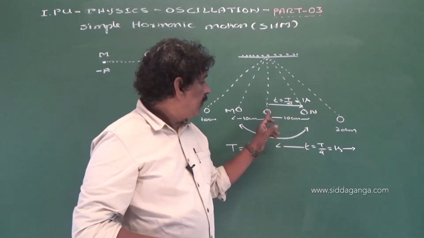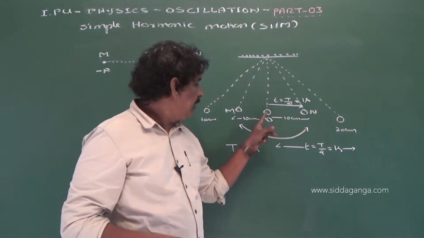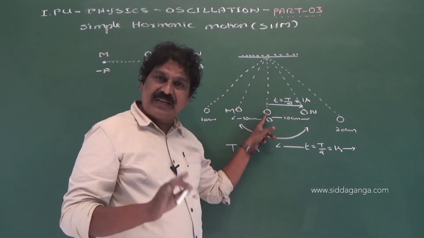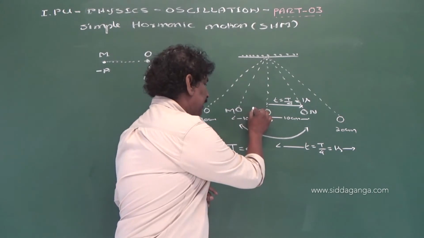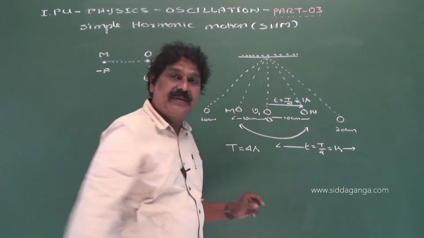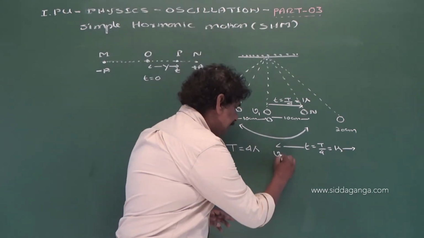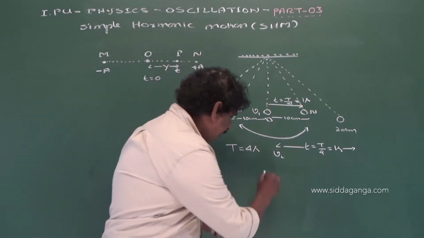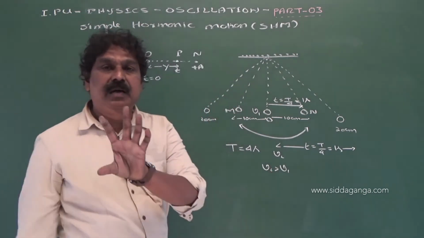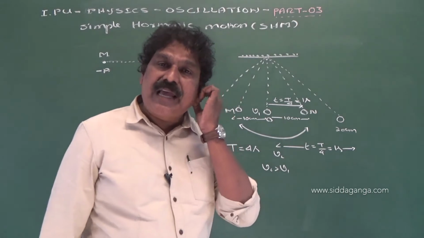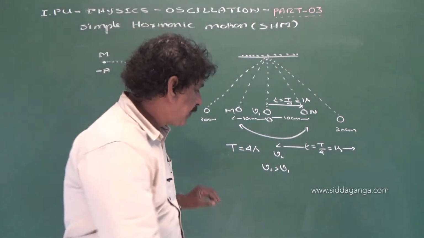So in this case, when it comes to the mean position, it has maximum velocity, say v1. In this stage also, it has maximum velocity v2. Obviously, v2 is greater than v1 because the bob has to cover the larger distance in the same interval of time.